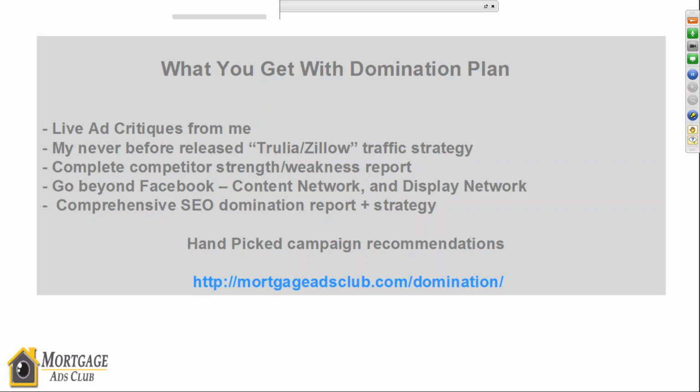We're doing our complete competitor strength and weakness report. A strength and weakness report that you get with the domination plan. You can pick out your competitors that you want to beat, and I will just completely rip them apart for you from a strategic standpoint, showing you exactly what they're doing, what the strengths and weaknesses are from a ranking standpoint, from an SEO standpoint, what keywords they could be ranking for or should be ranking for versus what they're not.